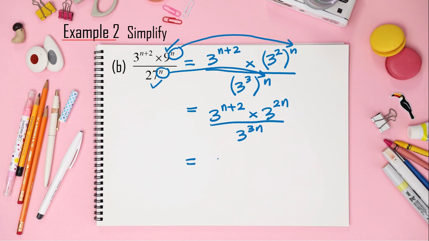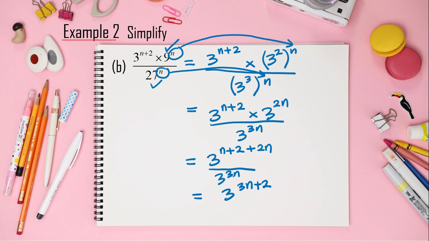For the multiplication, we add the indices, so the numerator becomes 3 to the power of 3n plus 2, over the denominator 3 to the power of 3n.